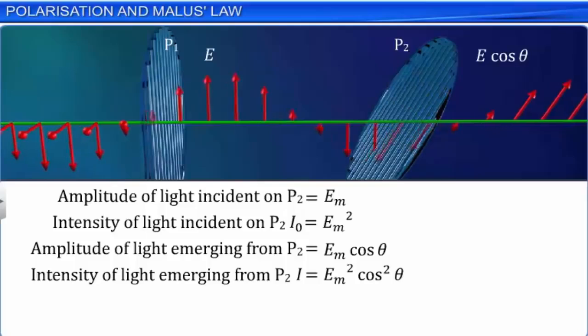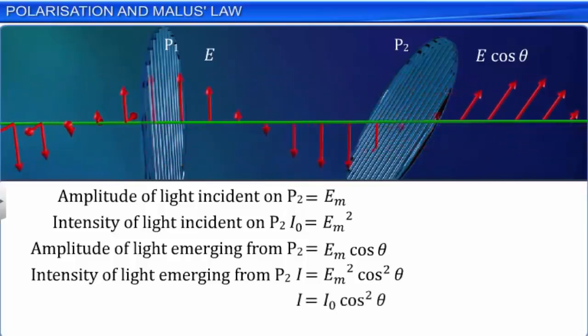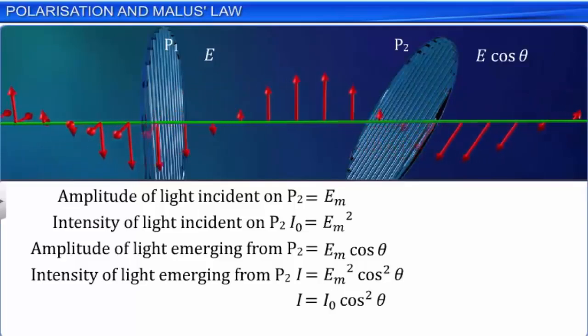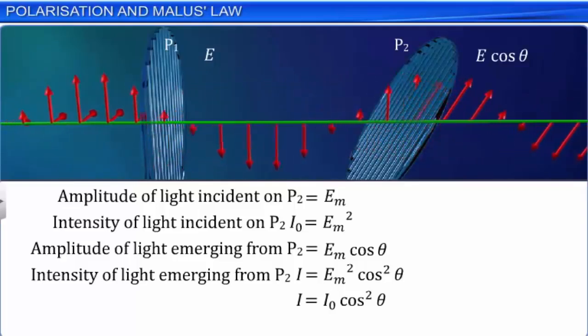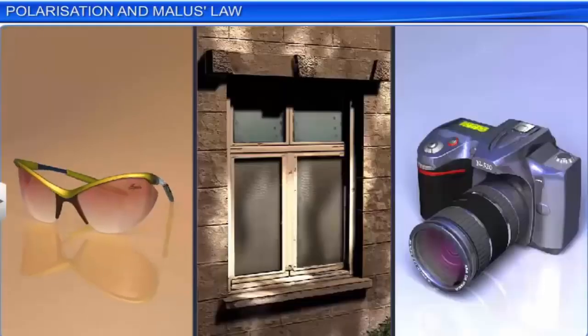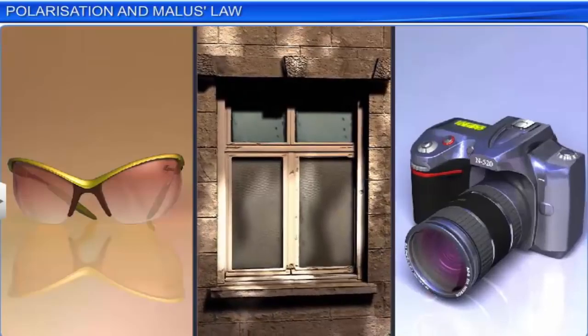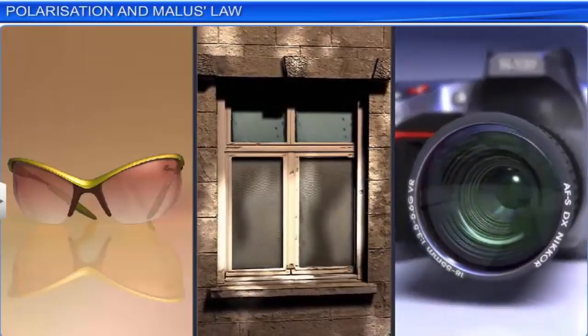This can also be written as I equals I0 cos squared theta. This is known as Malus's law. Polaroids are used in sunglasses, window panes, and also in cameras as filters to control the intensity of light.